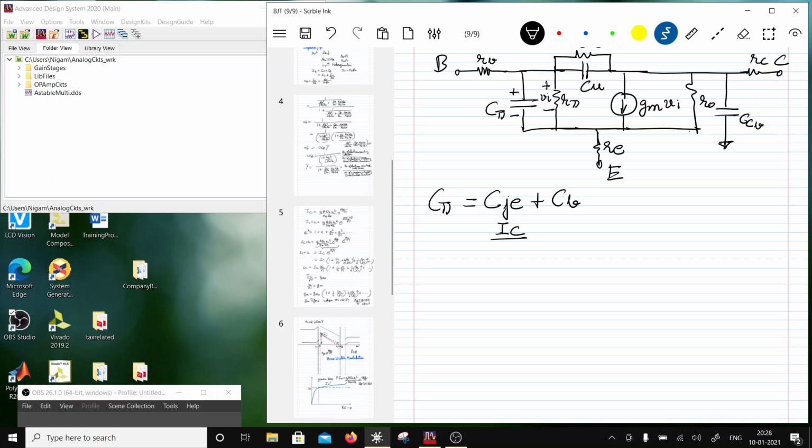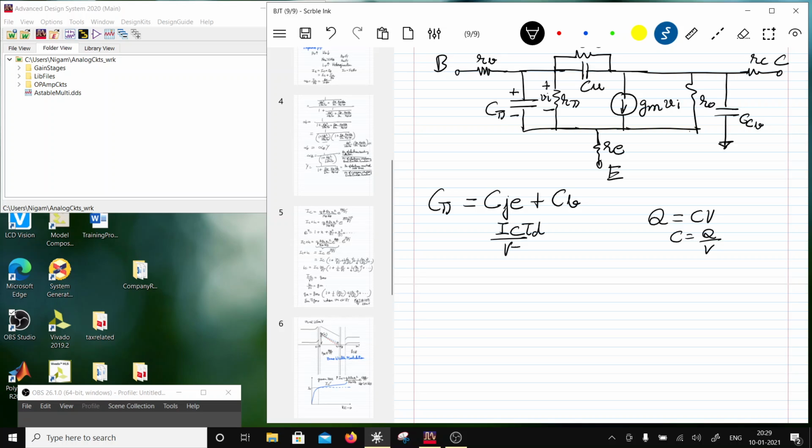Q equal to CV, right? So we have a formula Q equal to CV. So basically C is equal to Q over V, and then there will be a time, right? So that time which is required to drain, that is tau d by the voltage.